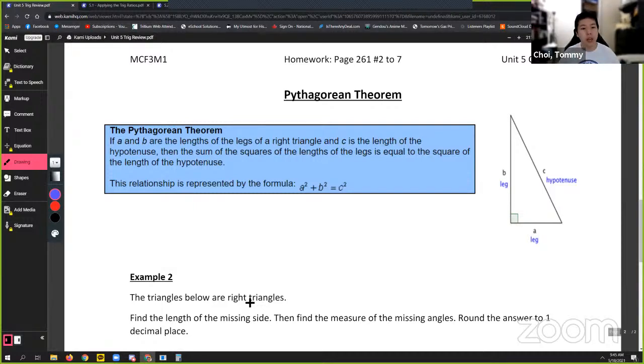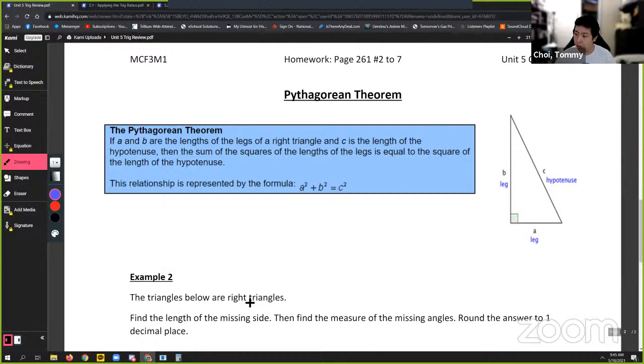So as a result, when we have the Pythagorean theorem, a squared plus b squared equals c squared, c is locked to be the hypotenuse. A and b could be any of the other two sides, doesn't matter which one, right? But c is specifically the hypotenuse. So when we look at a right angle triangle, like I said, identify the angle, identify the hypotenuse.